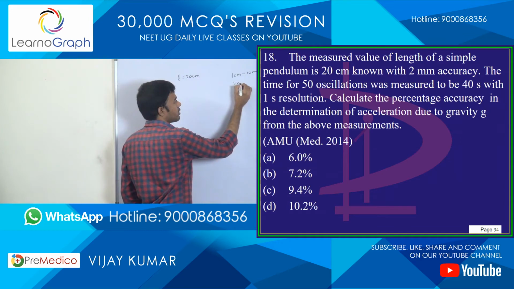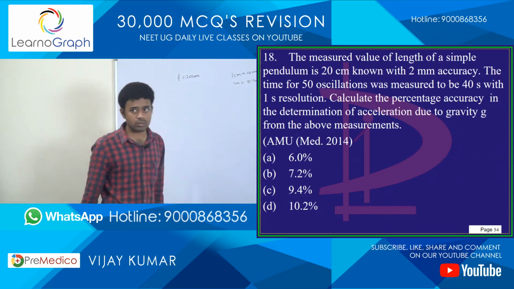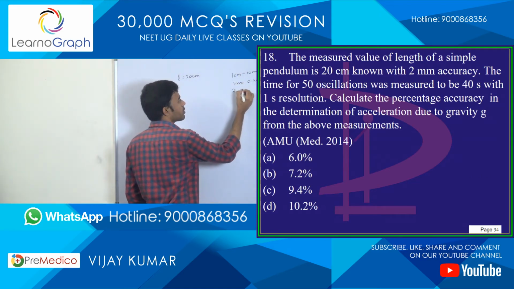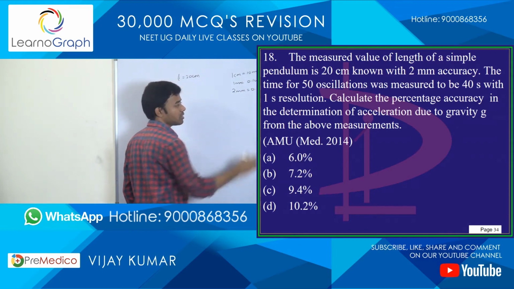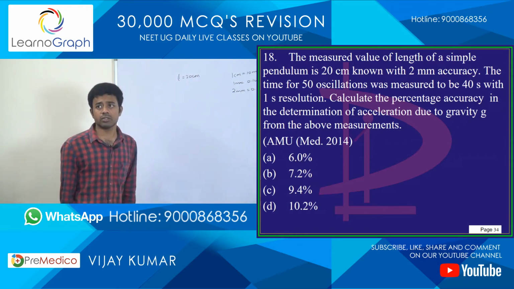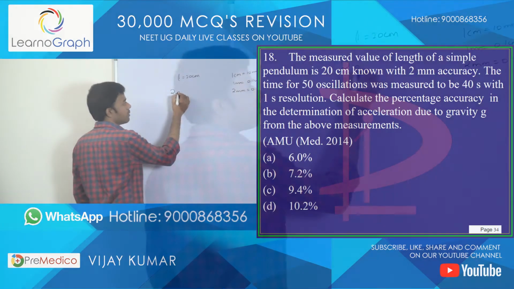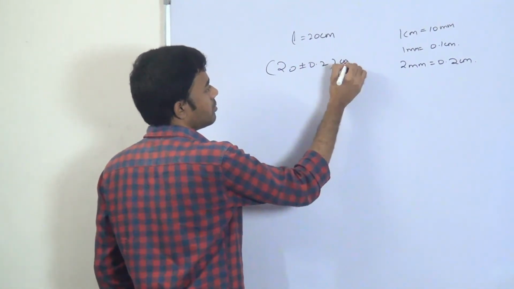So 1 millimeter equals 0.1 centimeter. He has given 2 millimeter, so obviously it is 0.2 centimeter. So here the measured value is in the range of 20 plus or minus 0.2 centimeter.